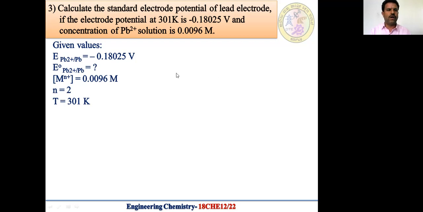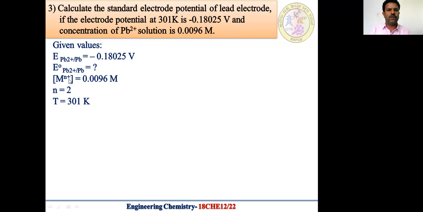The given values are the electrode potential of lead, equal to minus 0.18025 volt, and the standard electrode potential of lead is to be calculated.